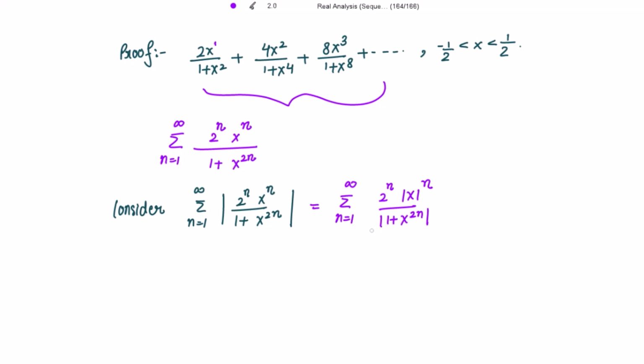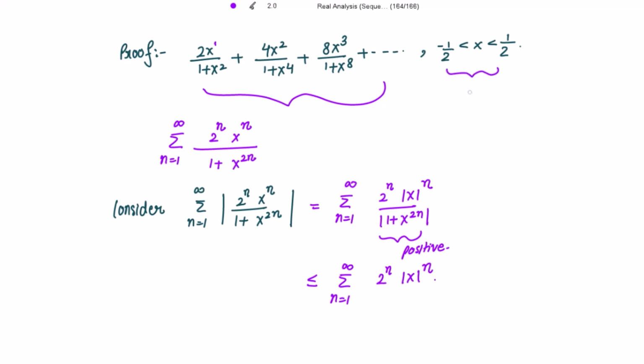As n is starting from 1 to infinity, this denominator is positive. So this is further less than or equal to summation n going from 1 to infinity 2 to the power n mod of x to the power n. Right?